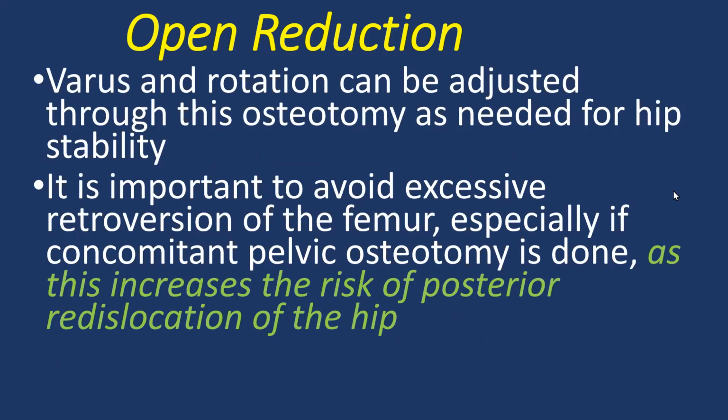Varus and rotation can be adjusted through this osteotomy as needed for hip stability. It is important to avoid excessive retroversion of the femur, especially if concomitant pelvic osteotomy is done, as this increases the risk of posterior redislocation of the hip.